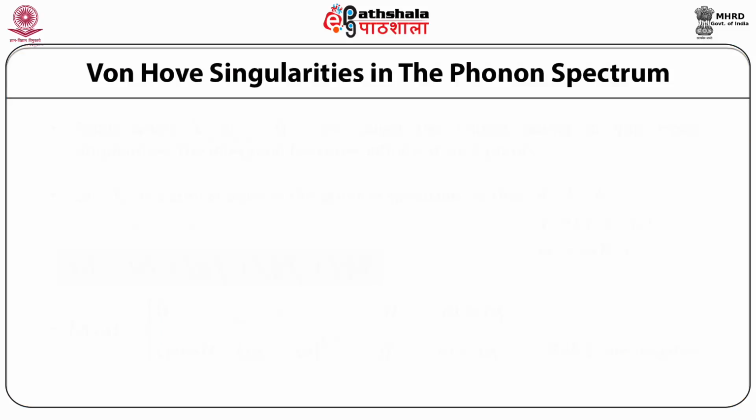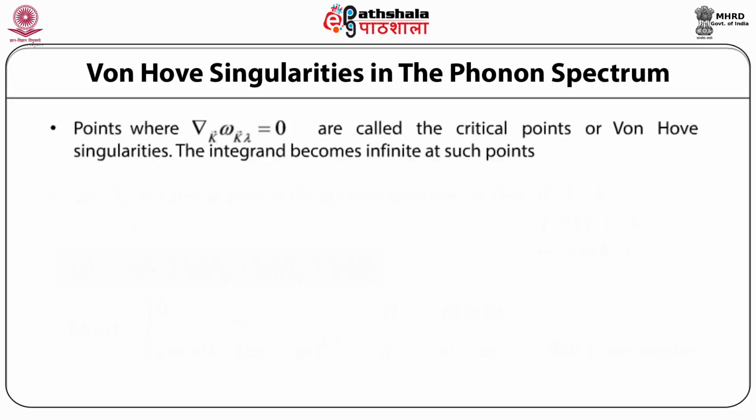We now discuss the Van Hove singularities, the critical points in the phonon spectrum. Now we will recollect that the points where the derivative of omega is equal to 0 are called the critical points or the Van Hove singularities. The integrand becomes infinite at such points. Let us suppose that the vector kc is a critical point in the phonon spectrum.